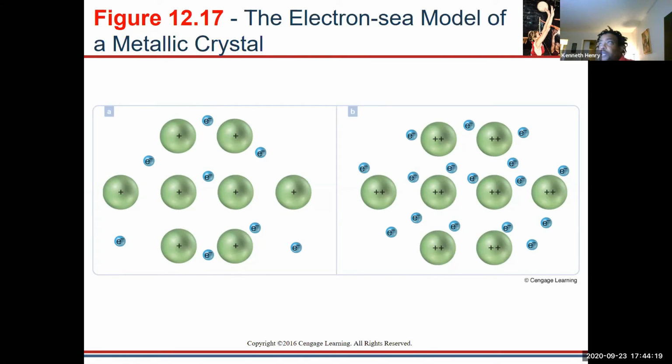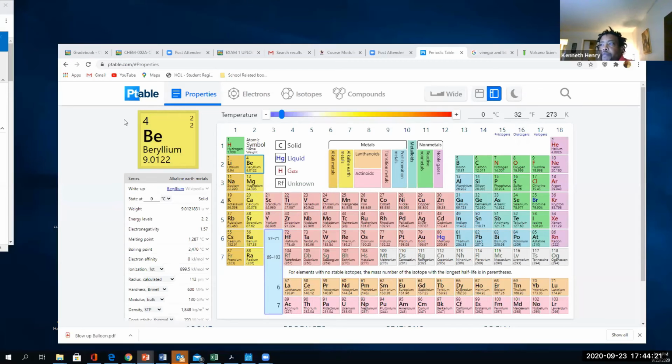Remember your alkali metals: what do they need to do to be like a noble gas? What do they do to stabilize? They need to lose an electron. They're going to lose a single electron, just one electron, and then they're like the noble gas.